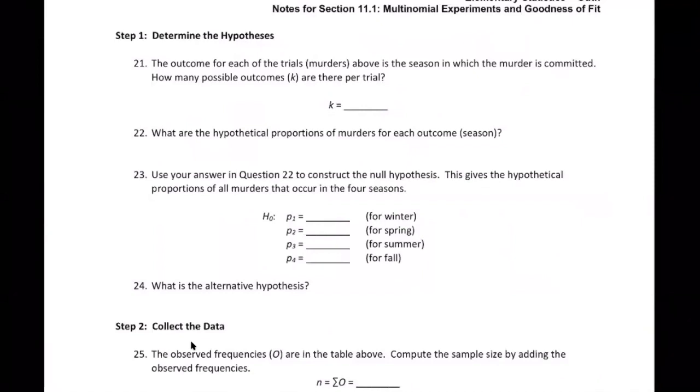So for K, how many categories are there? Okay, 4 categories. Thank you. Now, the null hypothesis is going to be basically all proportions are the same.